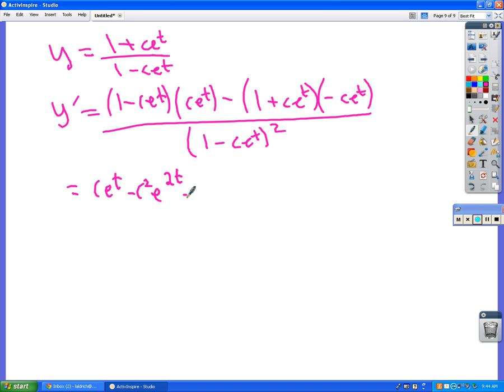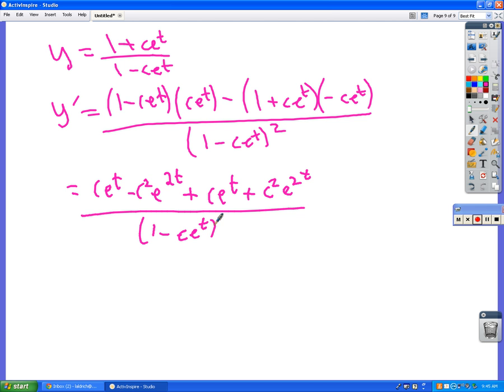Minus, but if I go negative C E to the T times 1, I'm going to get negative, so that's going to be a positive C E to the T, right? And then this negative is going to go through and make that negative, and then that negative is going to go through and make this one positive, so that's going to be plus C squared E to the 2T all over 1 minus C E to the T squared.